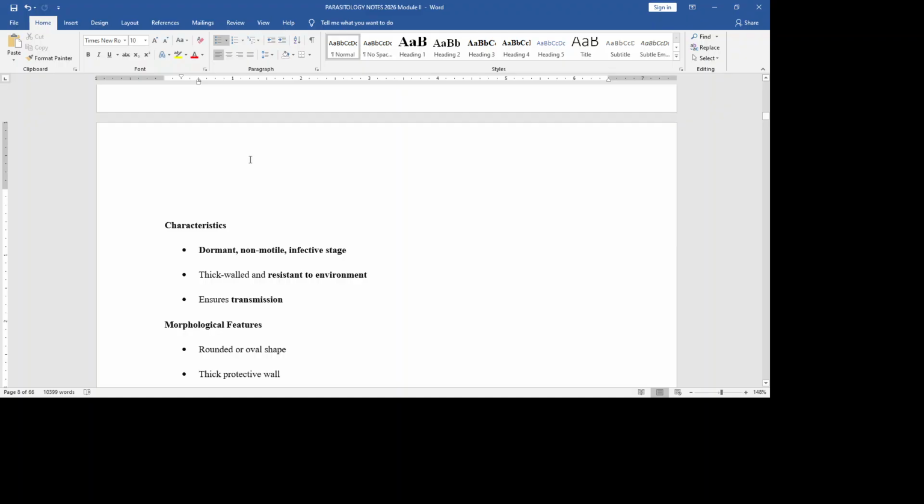And these oocysts and cysts are dormant, non-motile, and they are the infective stages. They are the ones that infect new hosts.